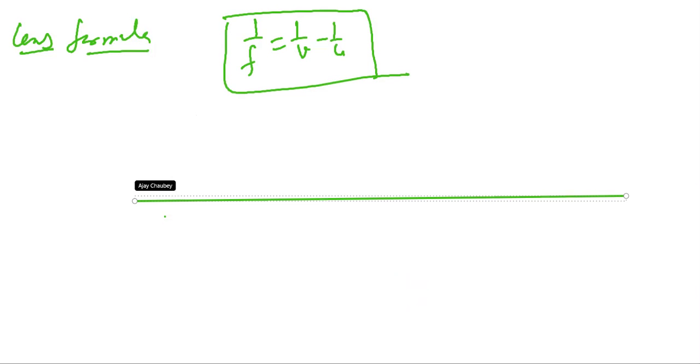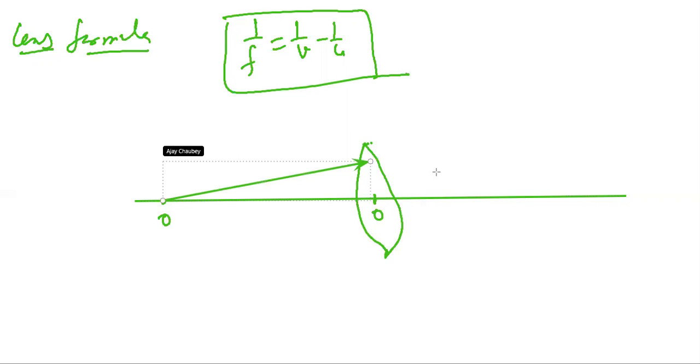This is the principal axis. Optical center. Here is the image.